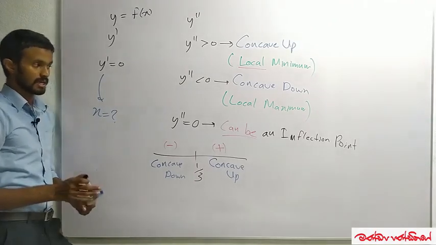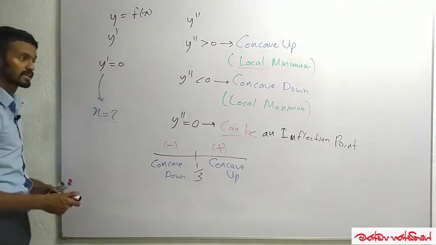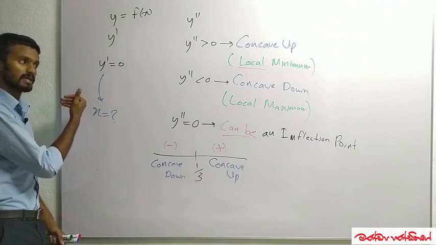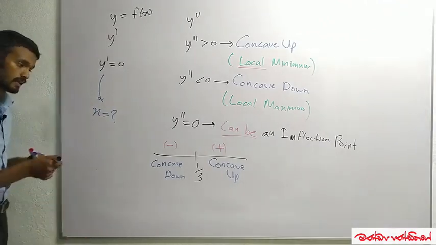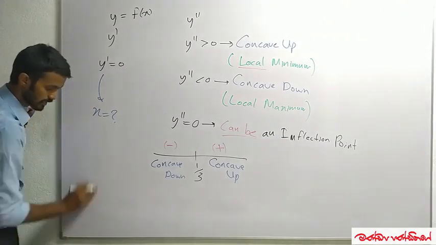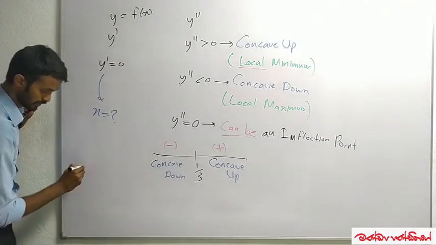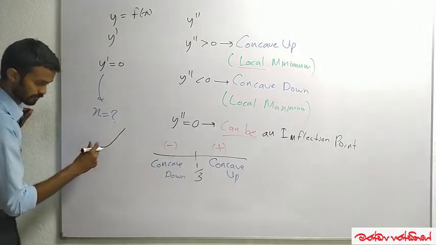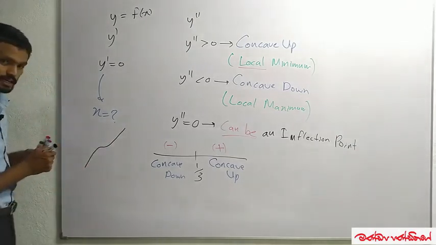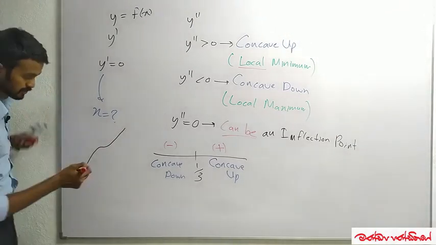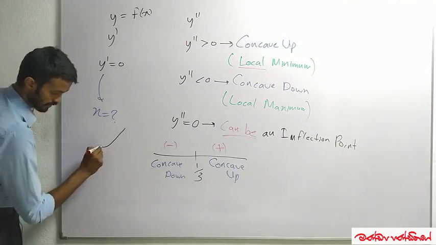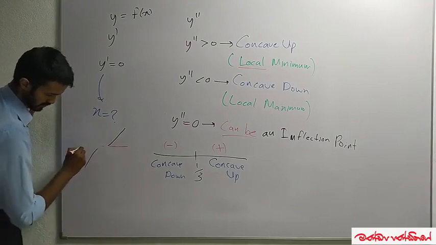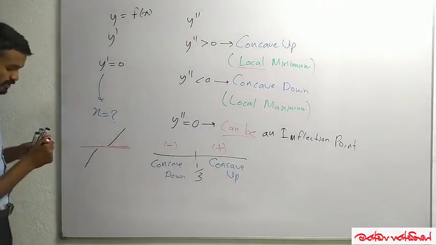And as I mentioned, if we get an inflection point from the first derivative by making the first derivative equal 0, the graph goes like this. For a small period, the graph becomes flat, because the tangent drawn at that point becomes horizontal, which means the gradient is 0.